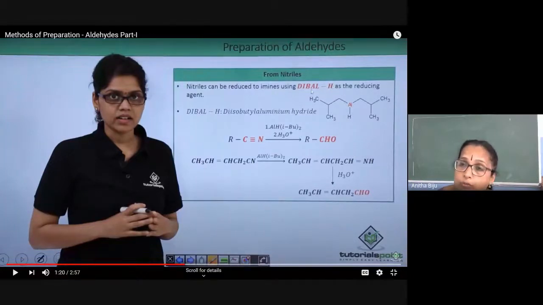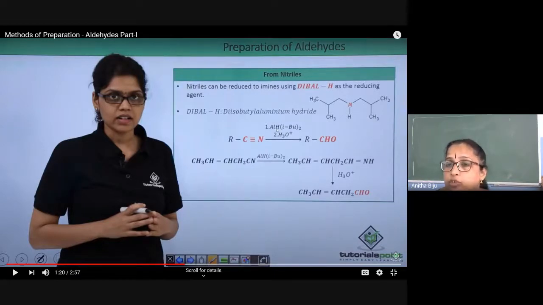DIBAL has the full form diisobutyl aluminium hydride. See that it is mentioned here, diisobutyl aluminium hydride, and it is represented by the formula AlH(iBu)2. i stands for iso, Bu stands for butyl. iBu twice because aluminium has valency 3 and here 2 are used and the third valency is used by hydrogen only.